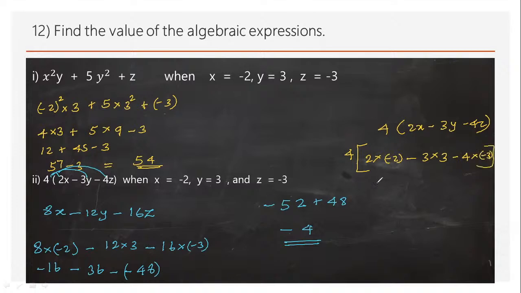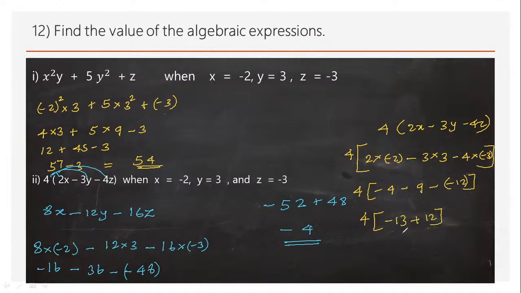Then 4 bracket 2 times minus 2, minus 4, minus 3 times 3, 9, minus 4 times minus 3, minus 12. 4 minus 4 and minus 9, minus 13, minus into minus plus 12.